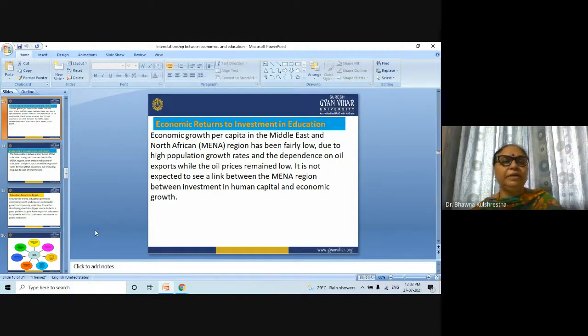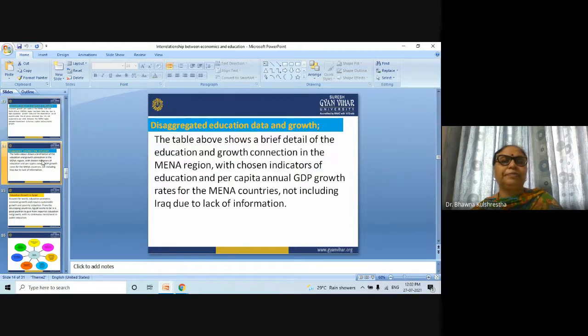And the economic returns that the disaggregate education data and growth. And the table shows a brief detail of the education and growth connection in the MENA region with chosen indicators of education and per capita annual GDP growth rate for the MENA countries, not including Iraq due to lack of information.